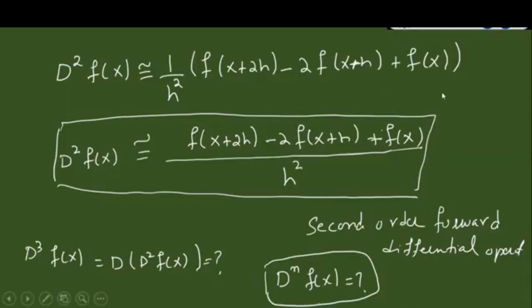The only difference is that here you will get minus 2h, because you have to go minus h from f of x. The equation will be the same. The only difference is the involvement of the point. You have to move in the forward direction; in the backward case you have to move in the backward direction. But this is what you have to prove yourself, for backward and for higher order forward derivatives, if you like.